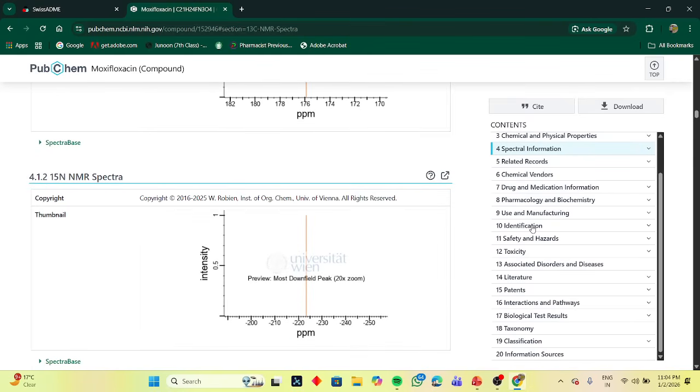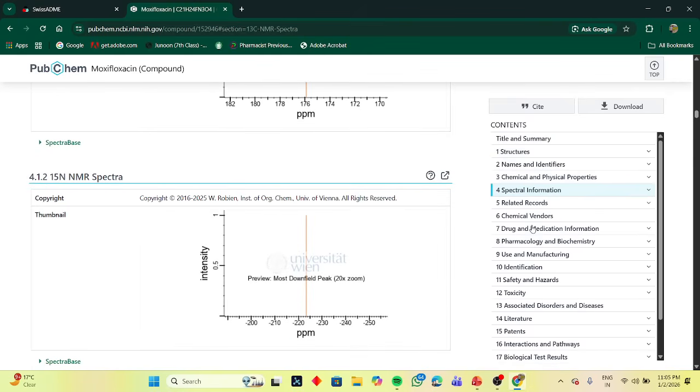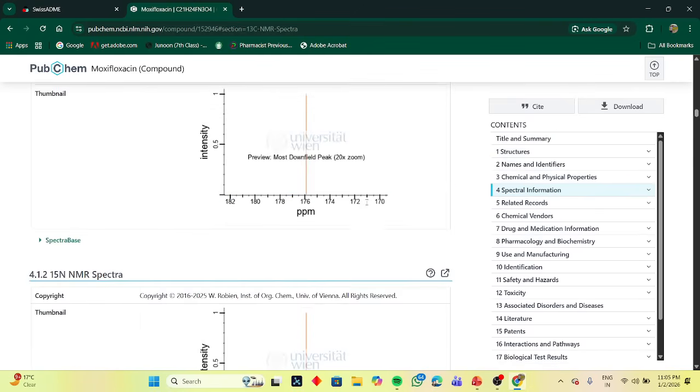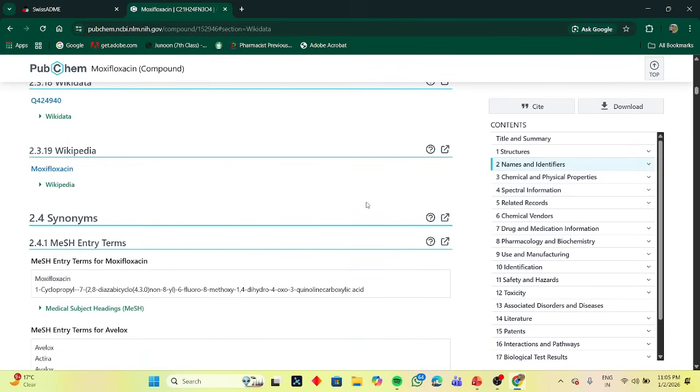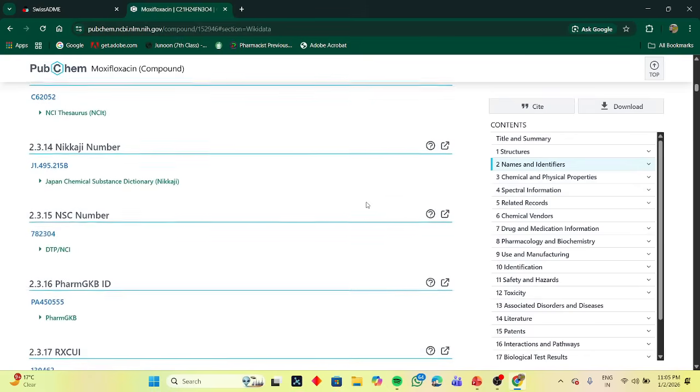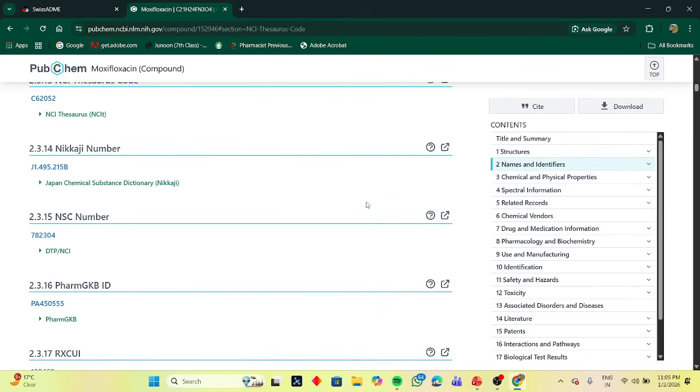Just go through this and you can understand the different things given in PubChem. PubChem is a library for chemists, drug discovery people, and synthetic chemists.